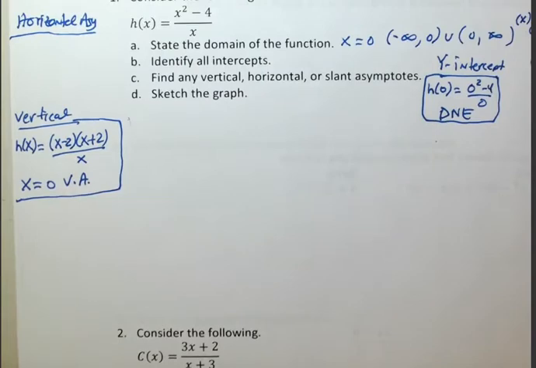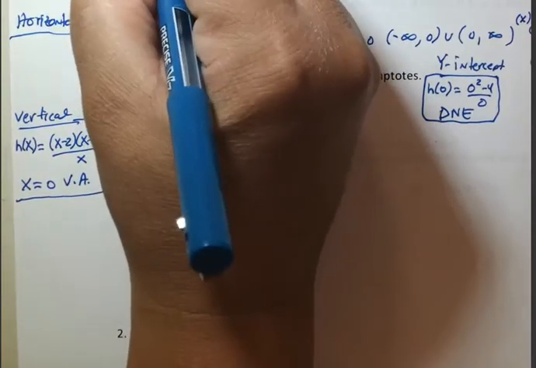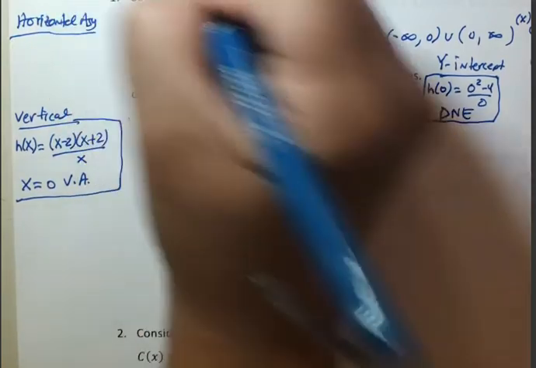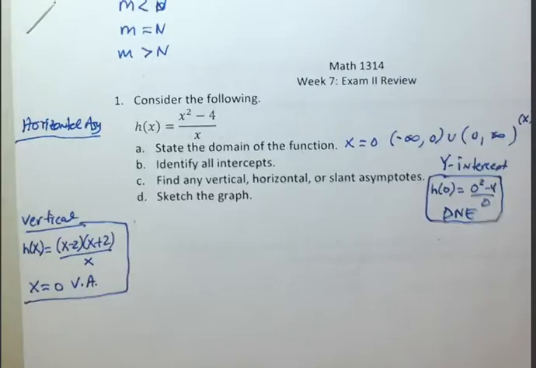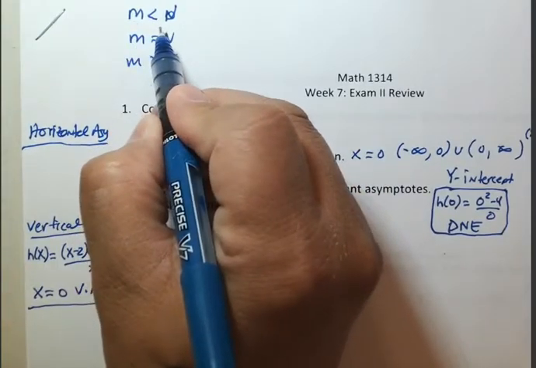There are 3 rules, okay? Let me just repeat those: m is less than n, m is equal to n, m is greater than n. m and n are the degrees.